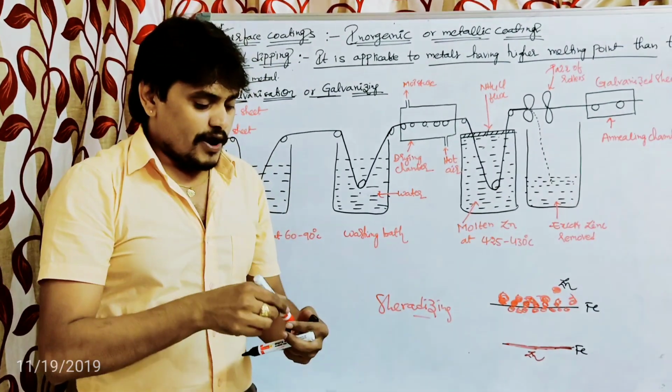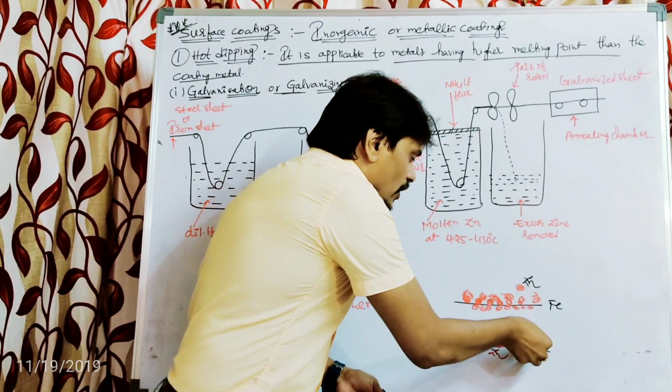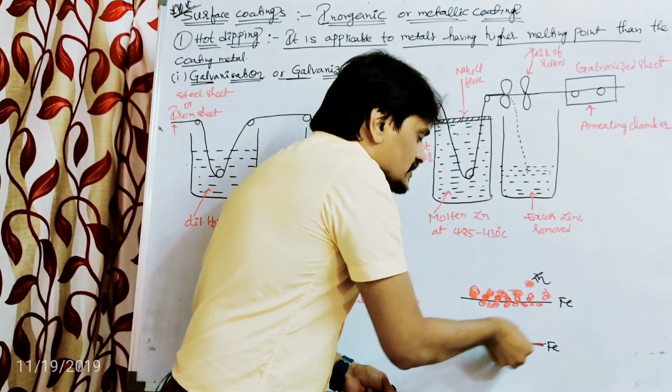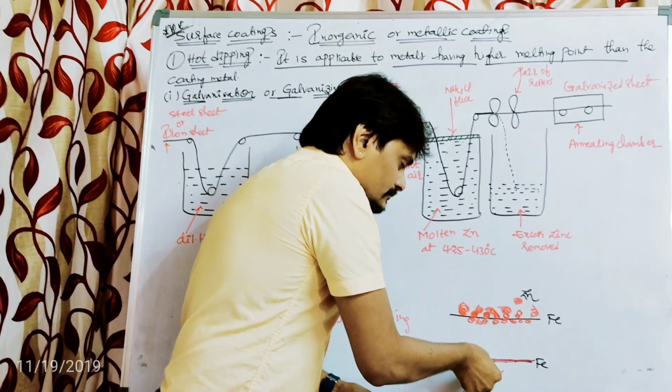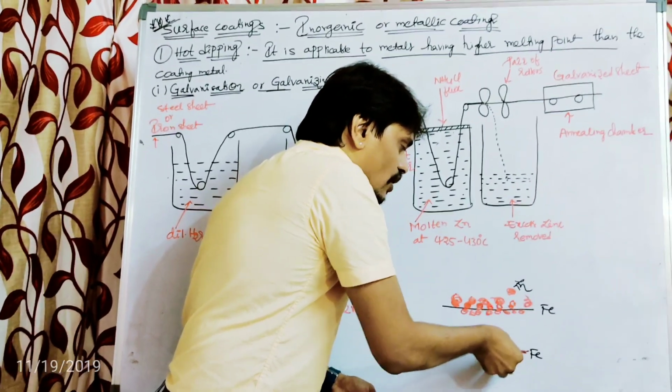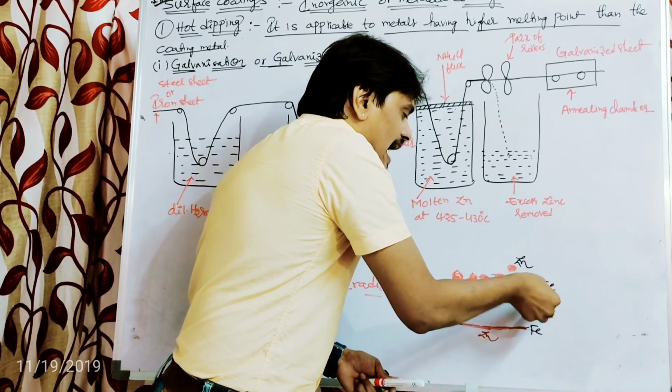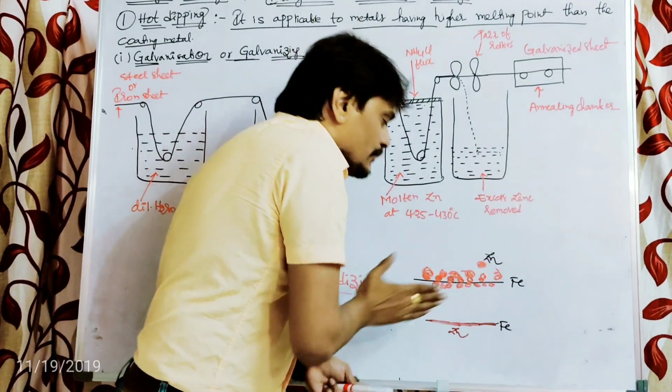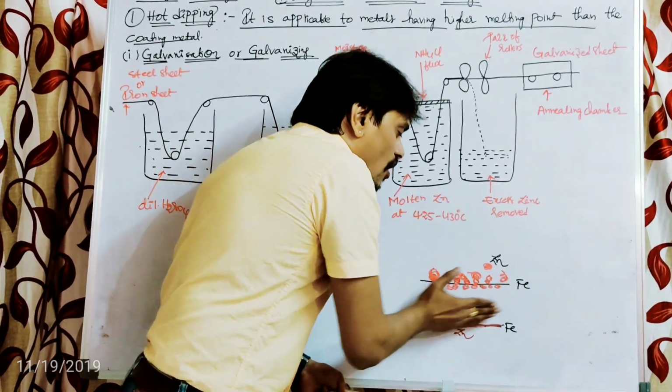Right. Now, a uniform layer of the zinc metal, which is the coating metal, has been formed on the surface of the base metal, which is either the iron or the steel sheet. Uniform layer has been formed.